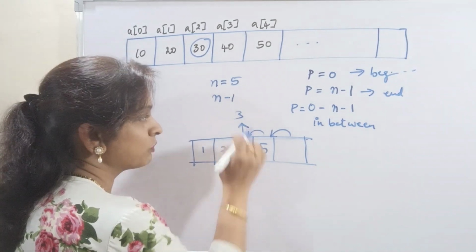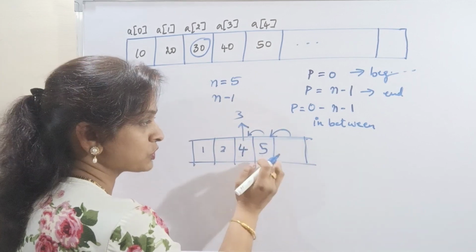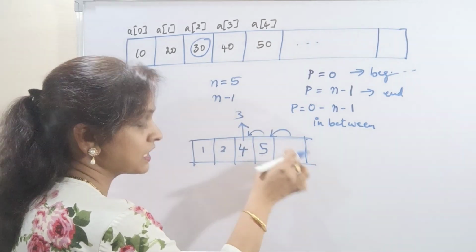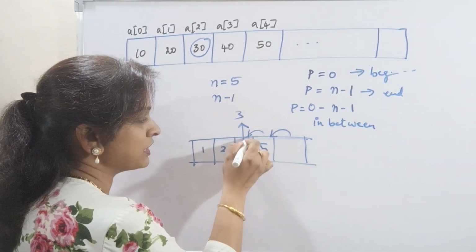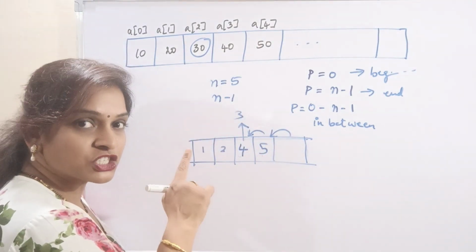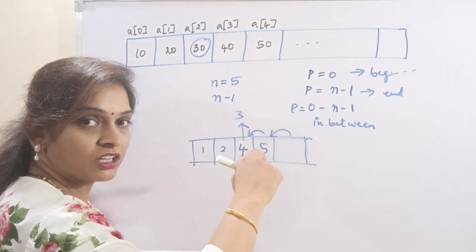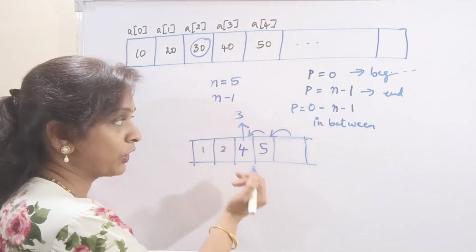The position element will go out, position plus 1 will come to the position. This goes on till I reach the last element. Means I am shifting the elements to the lower order. In the insertion operation, we shifted the elements to the higher order. But here, we shift the elements to the lower order.